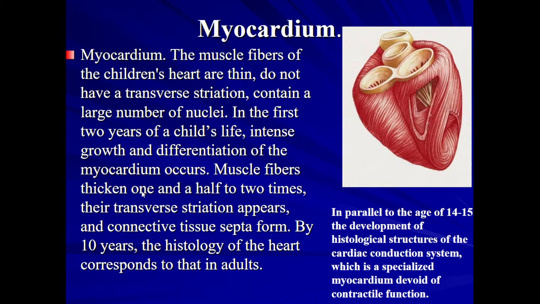In muscle fibers, after 1.5 to 2 years, the transverse striation appears, and connective tissue septa form. Only by 10 years old does the histology of the heart correspond to that in an adult.